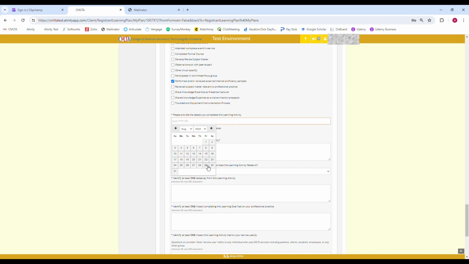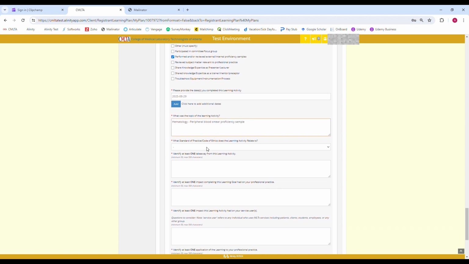They provided the date in which it occurred. They provided the topic of the learning activity, hematology, peripheral blood smear proficiency sample, and related it to the practice standard, professional knowledge.